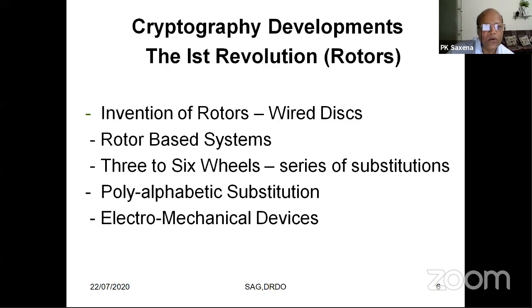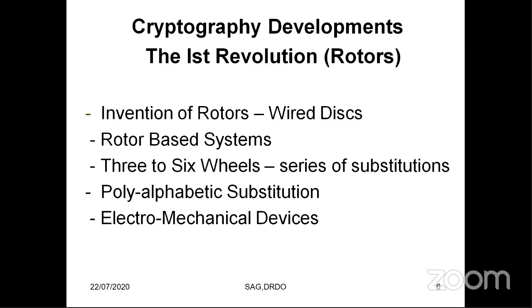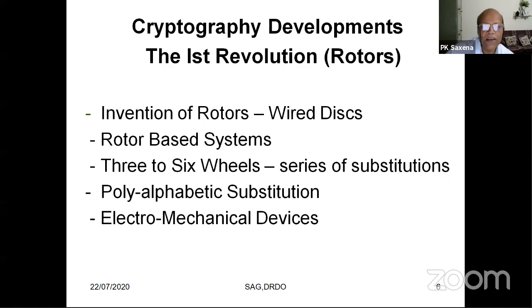If there were 6 wheels, 6 rotors in a machine, that means the substitution was happening: the character was changed to another character by the first rotor, then the second rotor changed it further to another character, like that. So this change of a character was happening 6 times.